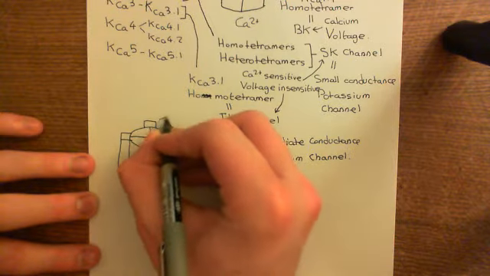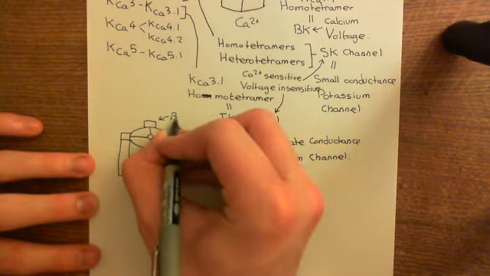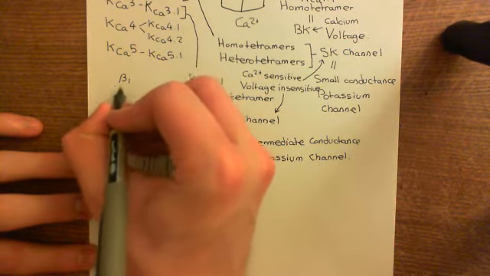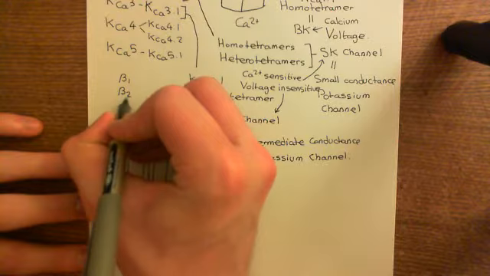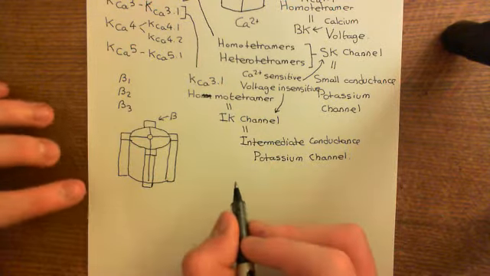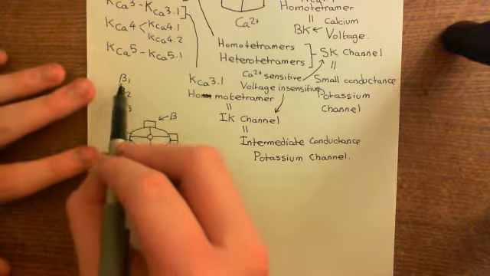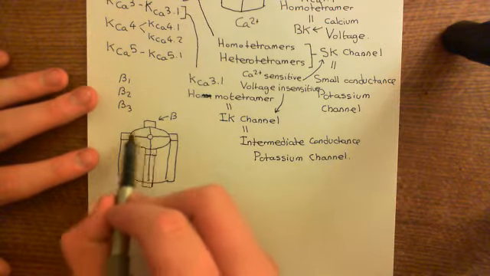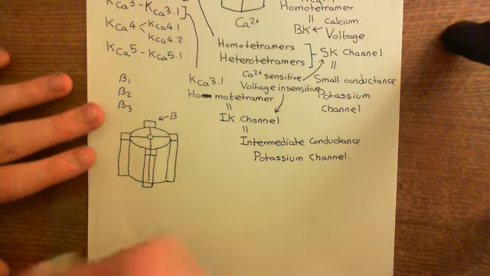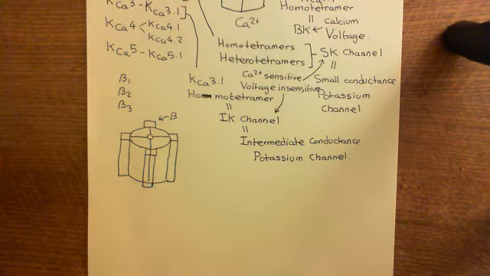These are the beta subunits, and there are 3 of them: beta 1, beta 2, and beta 3, and they affect the properties of the channel. You can put 4 beta 1 subunits there, or 4 beta 2, or 4 beta 3. These beta subunits assembling onto the structure of the calcium-gated potassium channel can affect its properties.